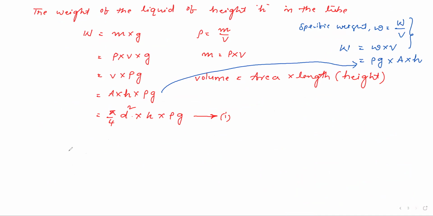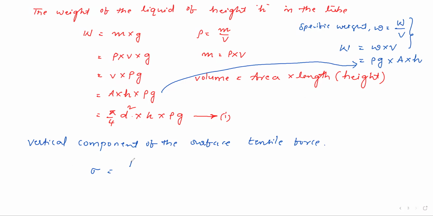So let me choose next one, the vertical component of the surface, and that is tensile force. So generally we are aware surface tension is denoted by sigma, which is equal to force to the circumference. Circumference is pi into d, right?